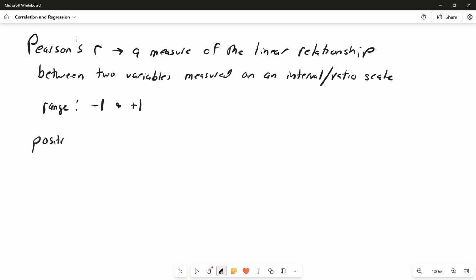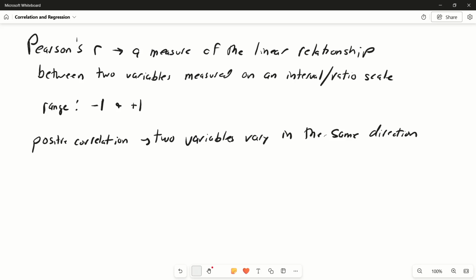So a positive correlation is when both variables, so two variables, vary in the same direction. That means if one variable increases, the other variable increases. If one variable decreases, the other variable decreases.